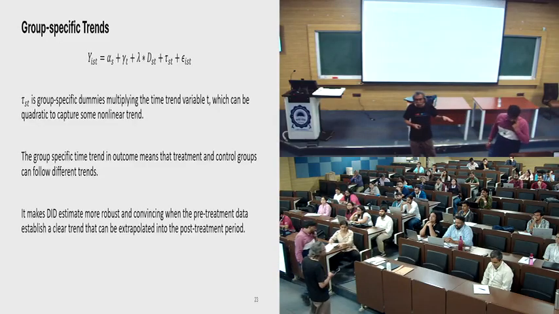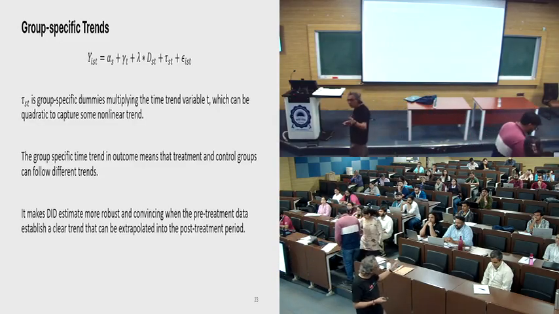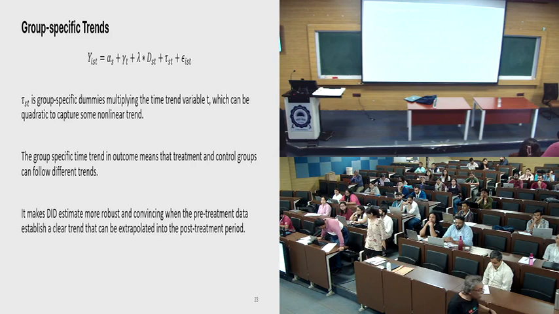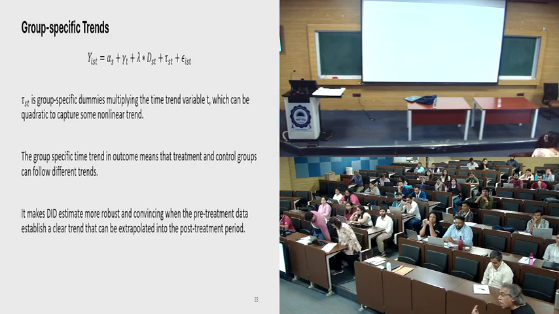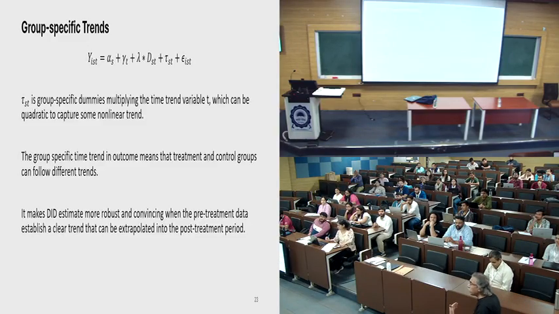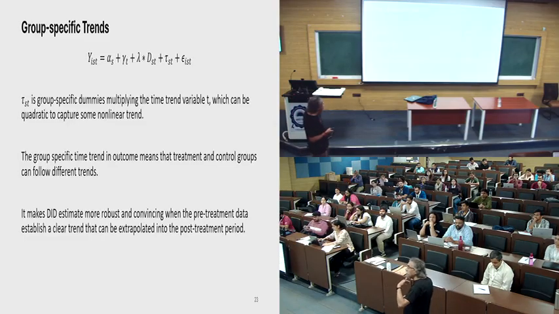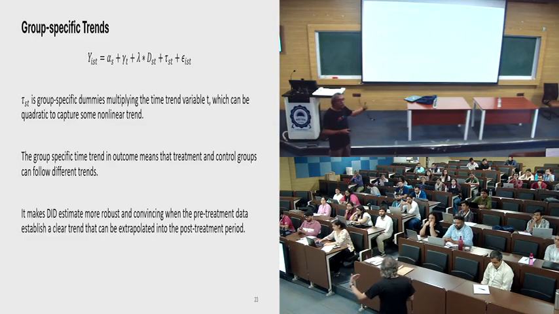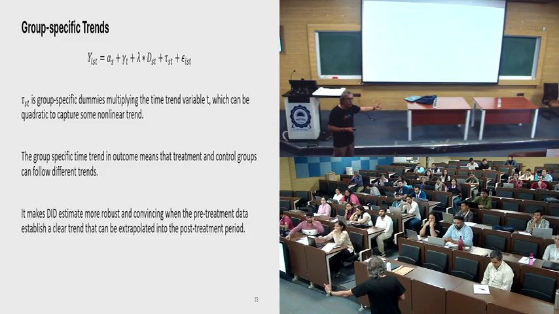I do not have to have the same trend for the control as well as for the treatment. It makes the DID estimate more robust. When does it make it more robust? When the pre-treatment data establish a clear trend that can be extrapolated into the post-treatment period.